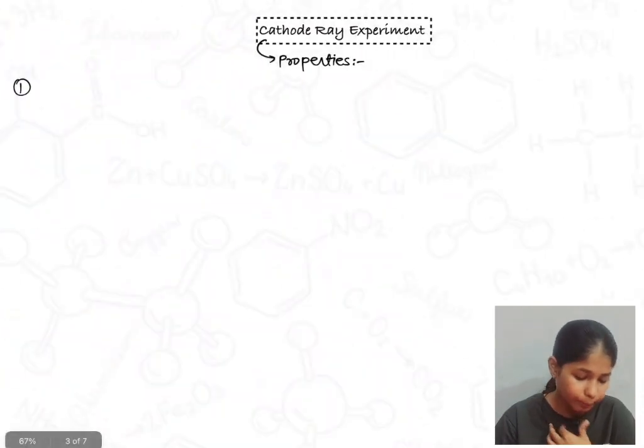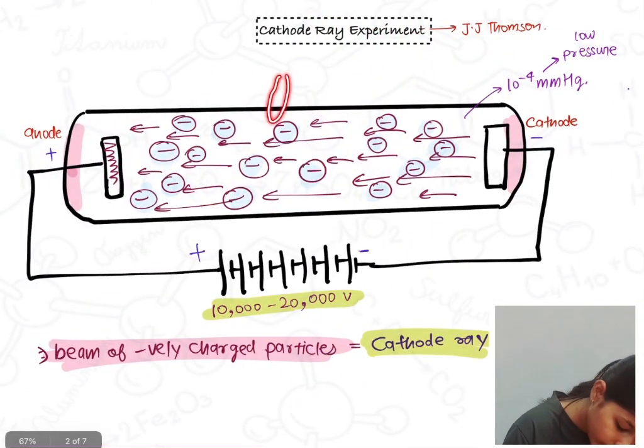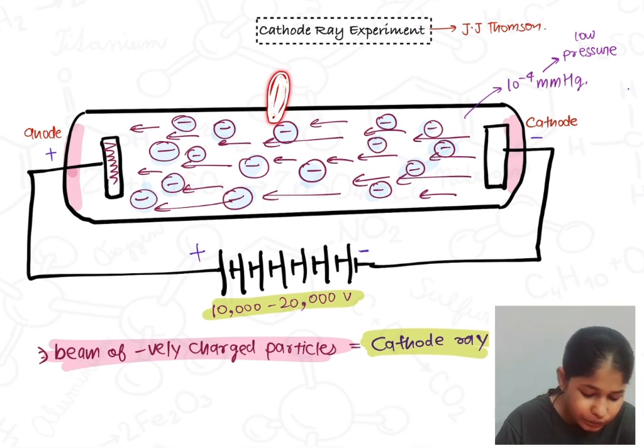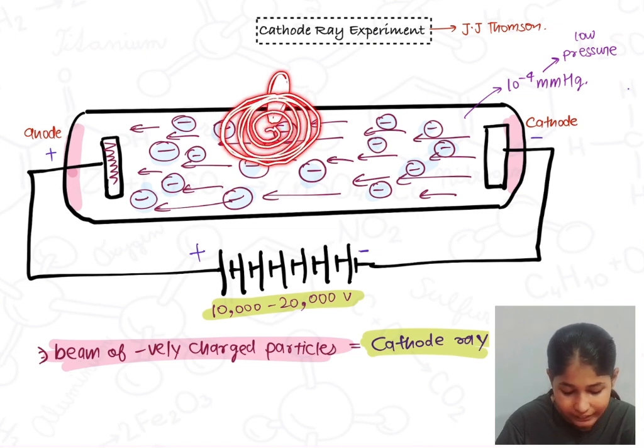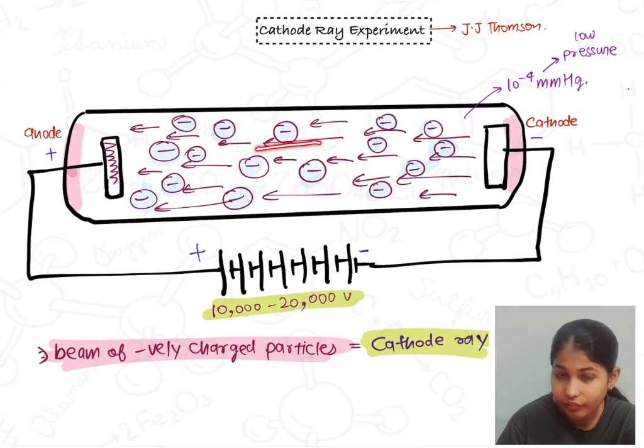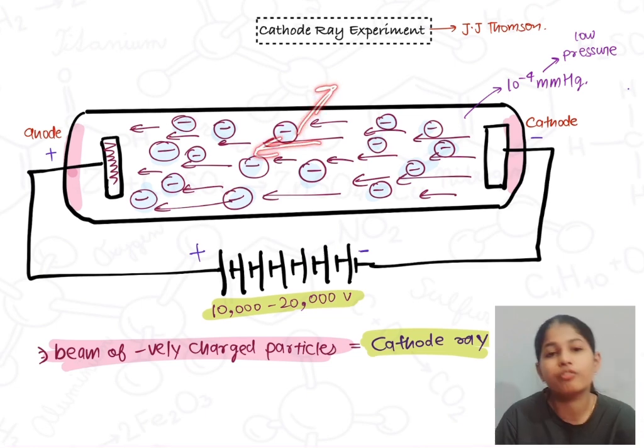So this is the property. If you put a magnet here, this is just an example, what happens? Because this magnet has its own magnetic field, the ray will simply get deflected.